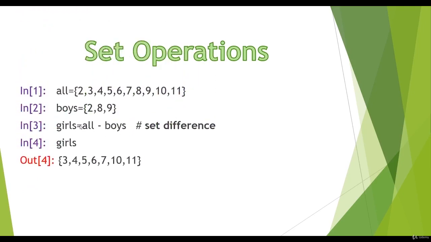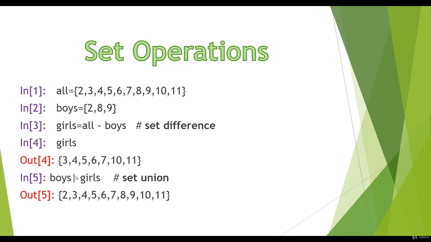Now other set operations. Here is a set, we are assigning it to the variable all, and another set for boys and girls. All minus boys is the set difference. So the girls' elements 2, 8, 9 are removed from this, and you get this set.